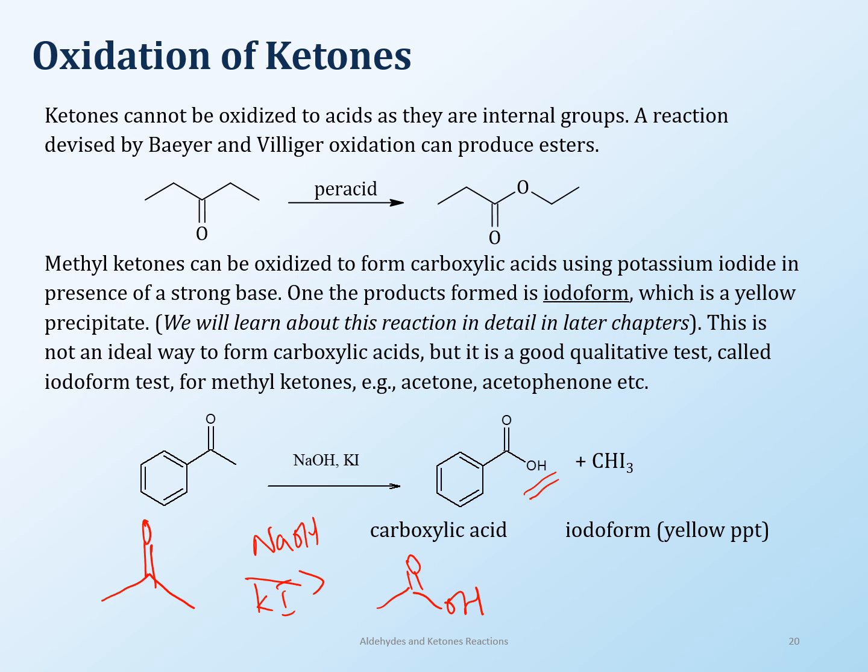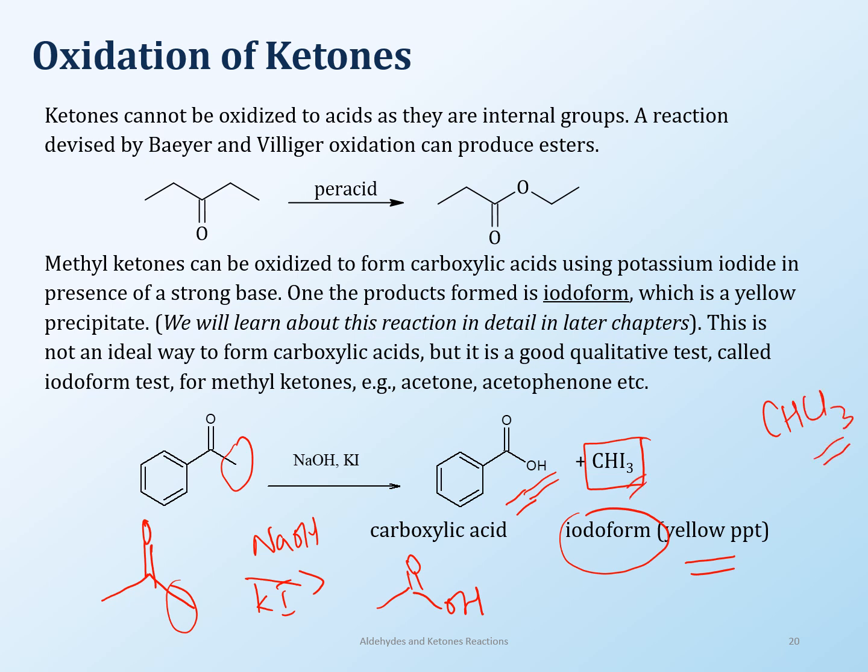Okay, so very specific. This is acetophenone, so it has a CH3 group, and acetone has a CH3 group. So it's a very good qualitative test for methyl ketones, because what happens is that you get the acid, but you also end up forming a beautiful yellow precipitate from what is called the iodoform. So this is also called the iodoform test. Remember CHCl3, this is called chloroform. So this is iodoform.